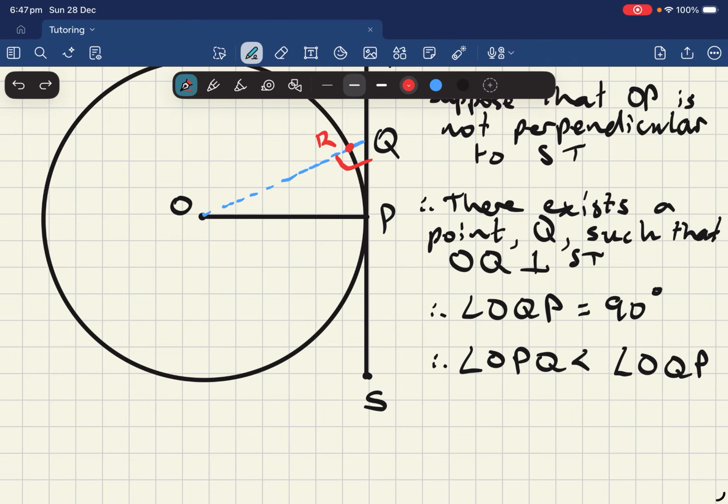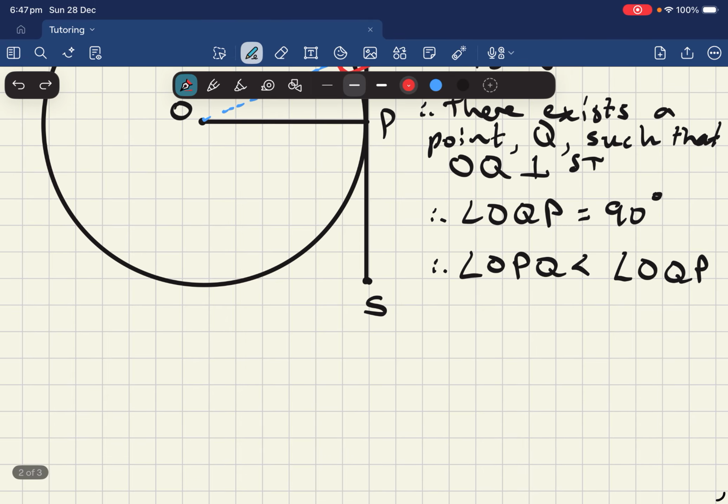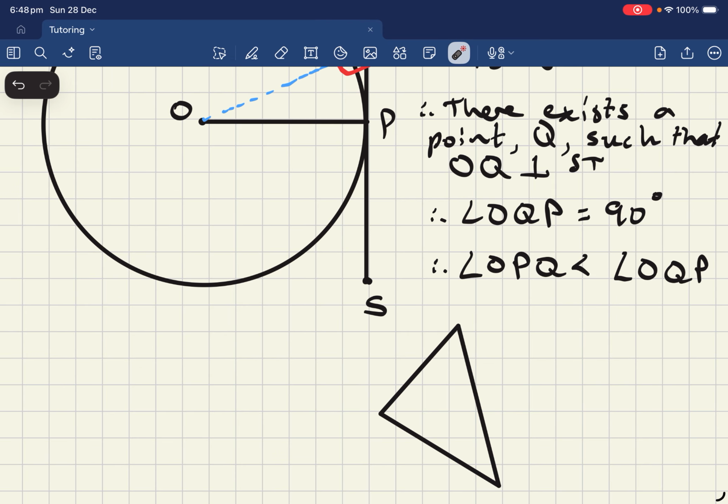Now, let's think back to what we know about geometry when it relates to triangles. If I draw up a triangle, something to remember is that the longest side corresponds to the largest angle, and the shortest side corresponds to the shortest angle.